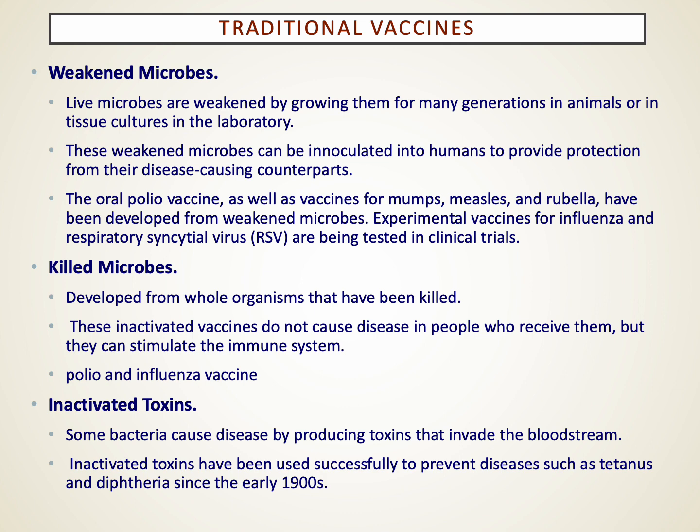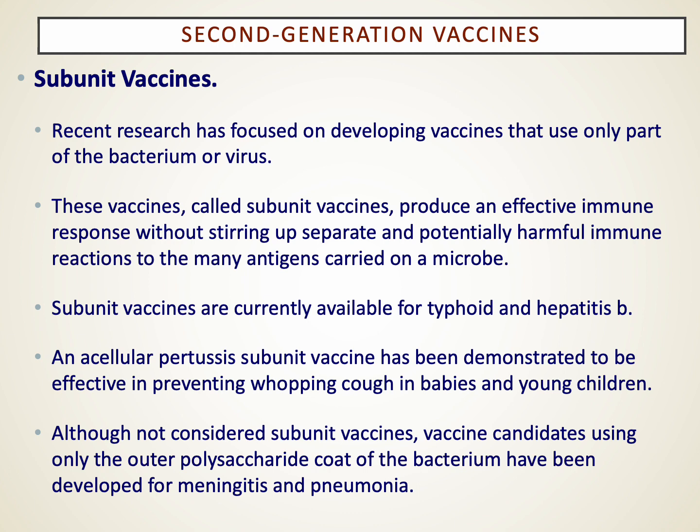In traditional vaccines, we have weakened microbes, we have killed microbes, as we alluded to, we have inactivated toxins. We have some vaccines that are subunits. They are acellular, for example, acellular pertussis.